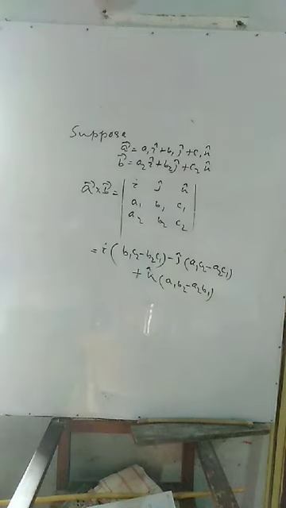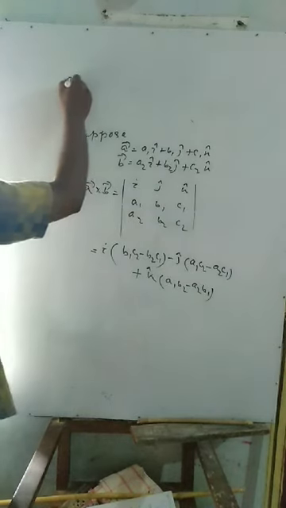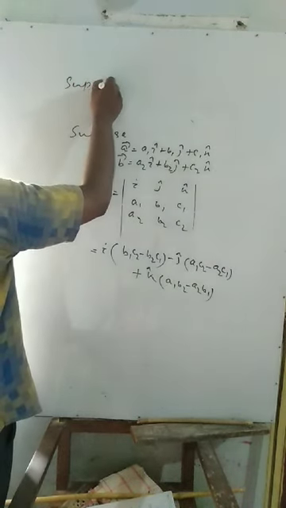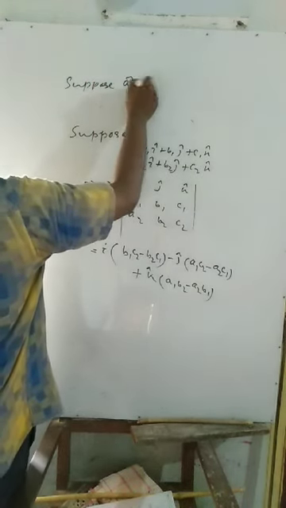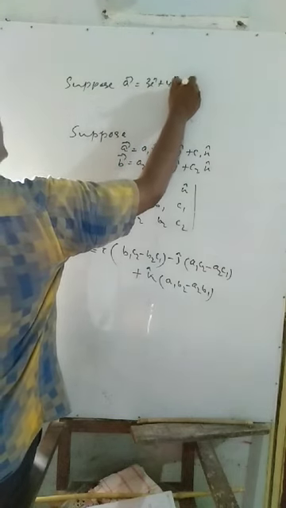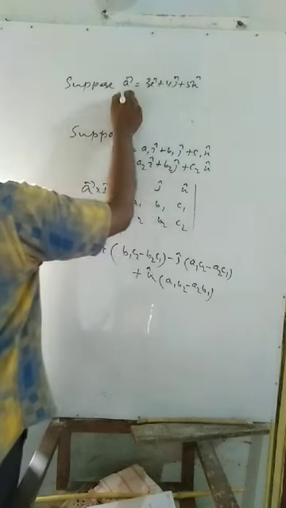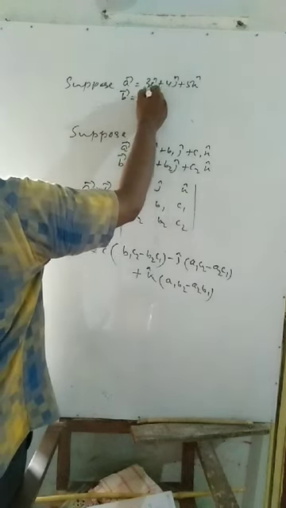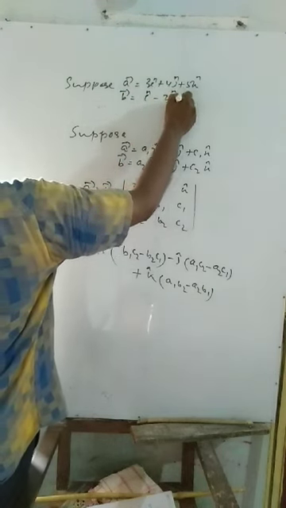By application of this formula you find the cross product of two vectors. I will tell you an example so you will get how to find it. Suppose A vector equals 3i cap plus 4j cap plus 5k cap and B vector equals i cap minus 2j cap plus 6k cap.